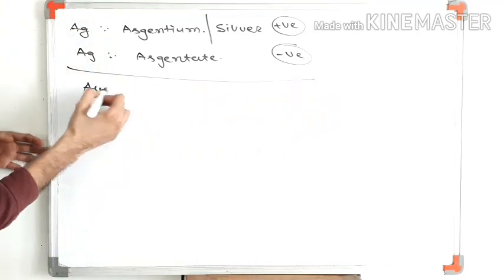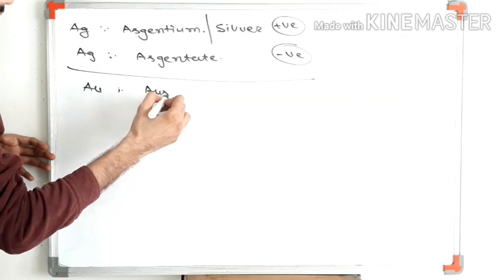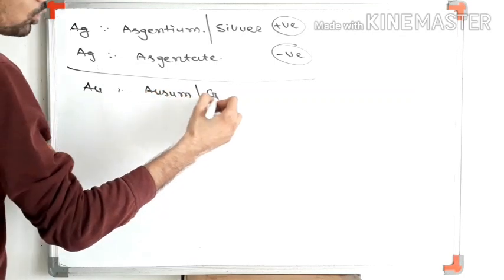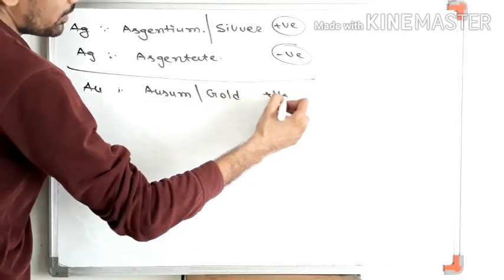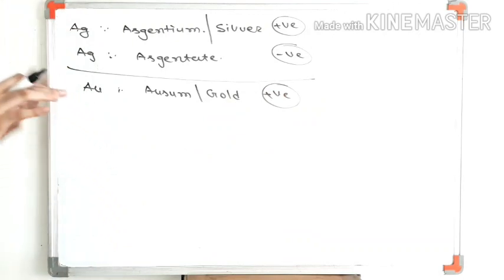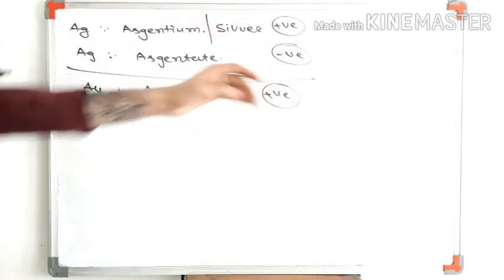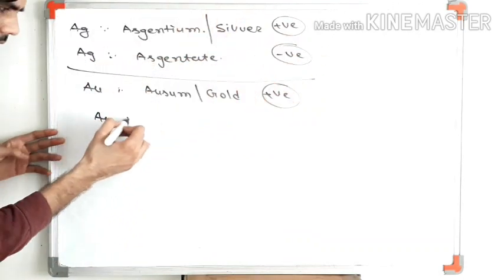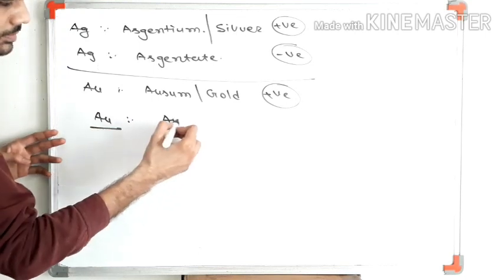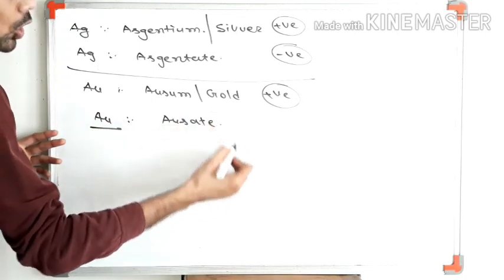Like for Au, aurum or gold for positively charged. You can say aurum or gold, but if the complex ion is negatively charged, aurate only.